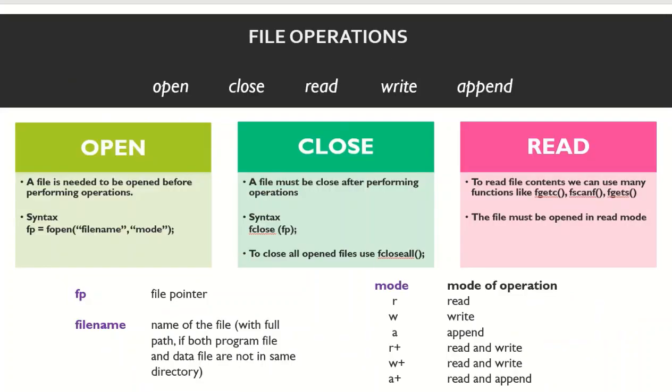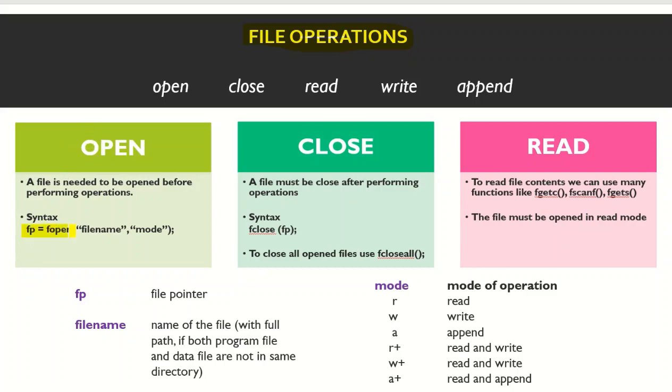Different file operations. We have different file operations like open, close, read, write, and append. The first function is open. Before performing any operation, we have to open the file, just like we double click and open a file.